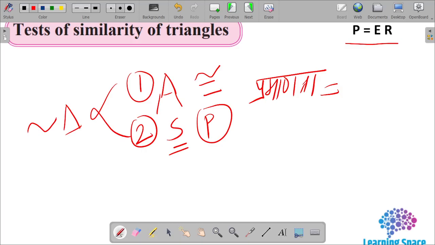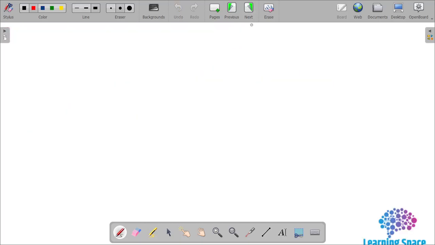Proportionality is equality of ratios. So we have three tests for similarity. First is SSS, where three corresponding sides are in proportion, then the two triangles are said to be similar by this test.